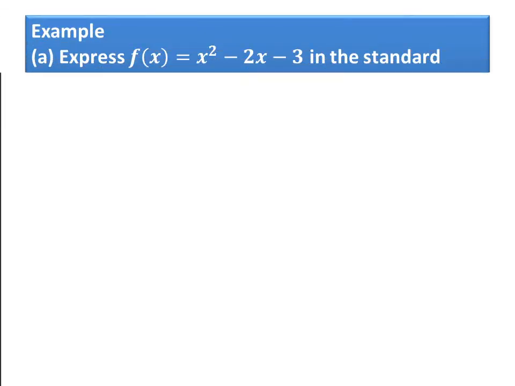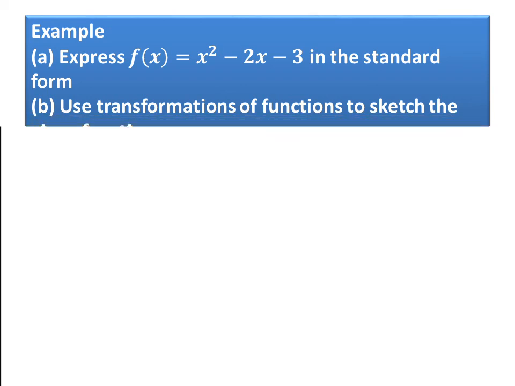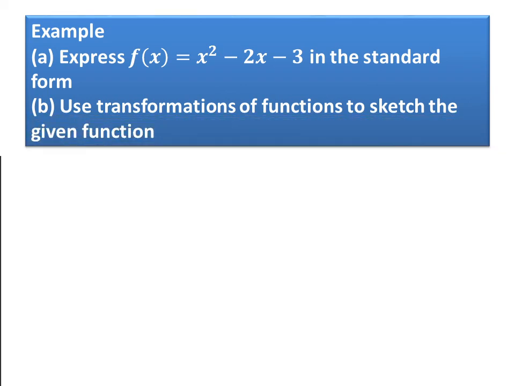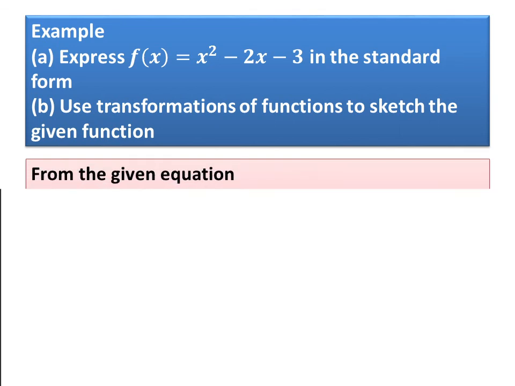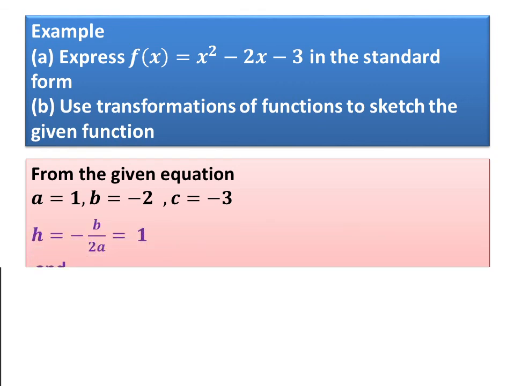Now let's have an example. Express the function f of x equals x squared minus 2x minus 3 in the standard form. Use the transformations of functions to sketch the given function. Now, as we see from the given function, we find that a equals 1 and b, yes, minus 2. c is minus 3. According to the formulas which we got in the previous slide, h equals minus b over 2a.